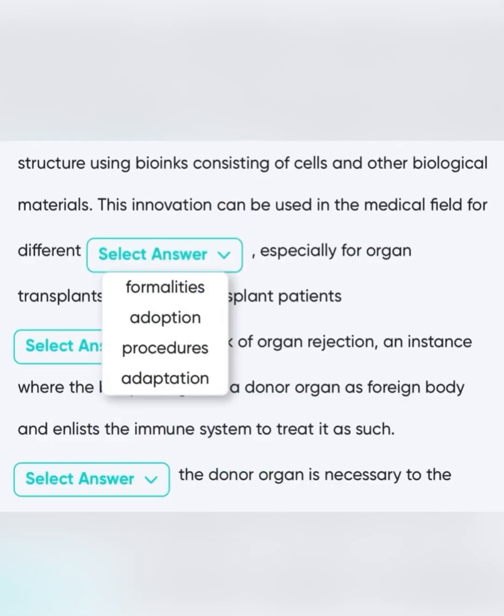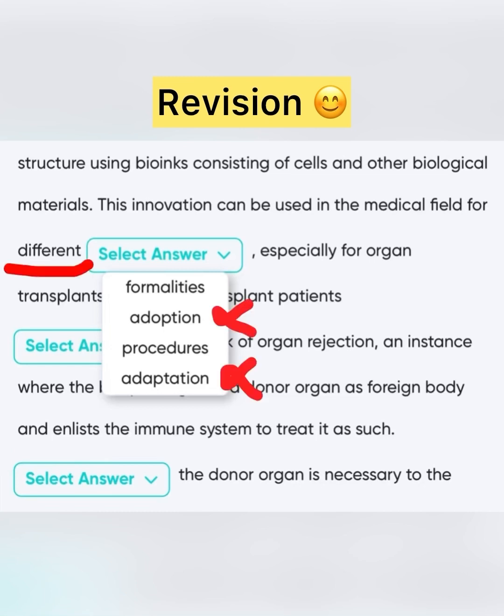So now let's revise quickly all the grammatical rules we applied while solving the entire task. In the entire task we were having total 5 fill-ups, and out of those 5 fill-ups we applied grammatical rules in 4 fill-ups. In the first fill-up, just before the fill-up, we looked at the word different and we rejected the singular forms and we selected the correct option out of the two plural forms.